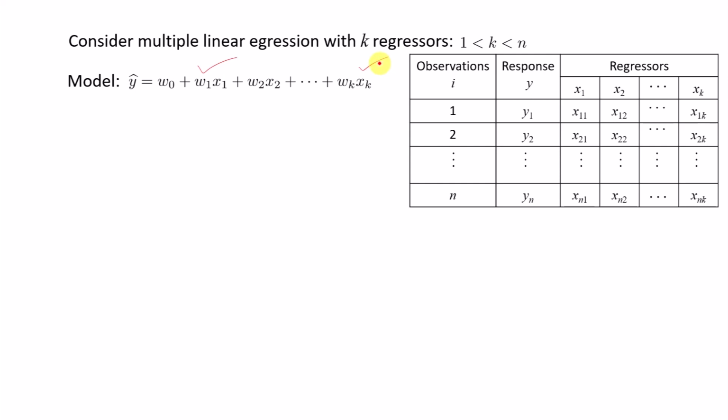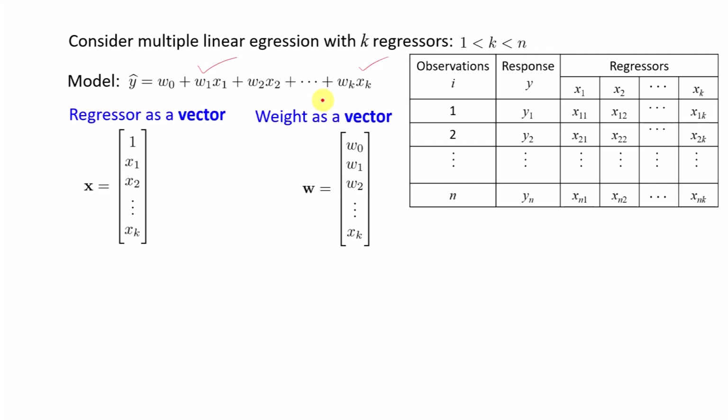You remember that previously we had to work a lot to get all the equations of w0, w1 etc. Here our regressor, once again, we take it as a vector 1, x1, x2 up to xk, just like previously we were taking 1 and x1, but now we are going up to xk, and the weight as a vector w0 to wk.